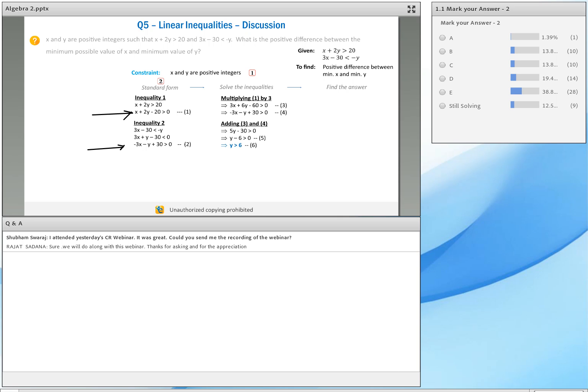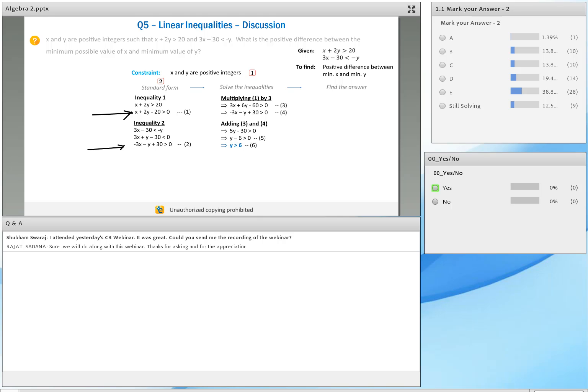The x cancels, which means you get y is greater than 6. How many of you were able to get to y is greater than 6? Based on the responses, about 80% of you were able to get to this point, which means you were on the right path and had the potential to solve this question correctly.